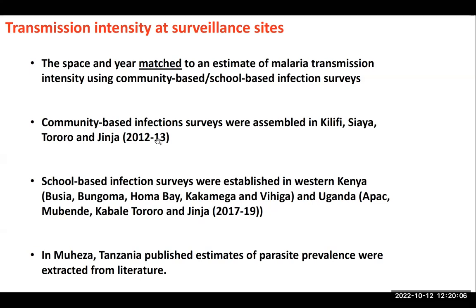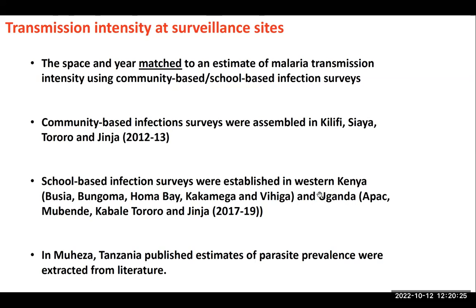In addition, surveys of malaria parasite prevalence among school-age children were established during or within the 4 months of the pediatric ward surveillance. And this was in Western Kenya in these sites, Busia, Bungoma, Homa Bay, Kakamega, and Vihiga.